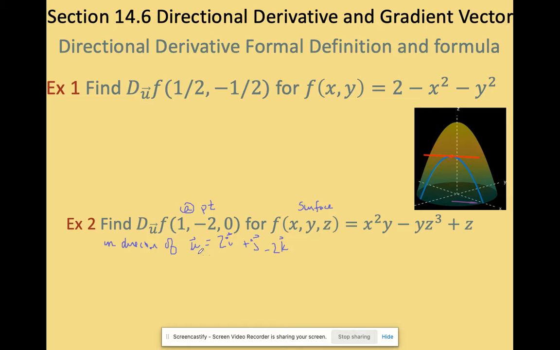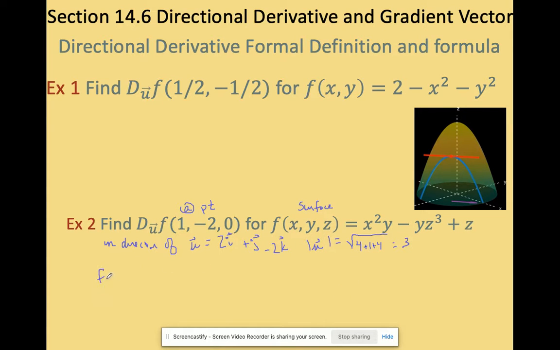You need to decide if u is a unit vector. It is not, right? It's a length of 3.